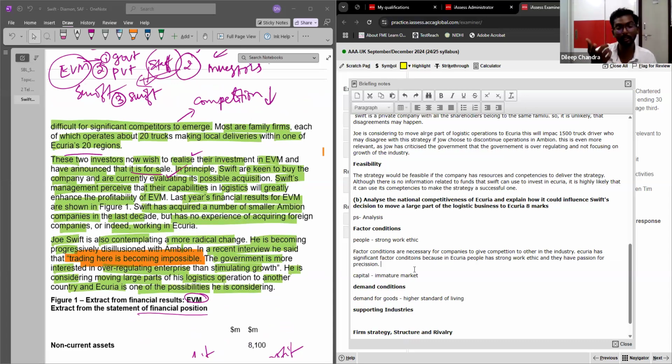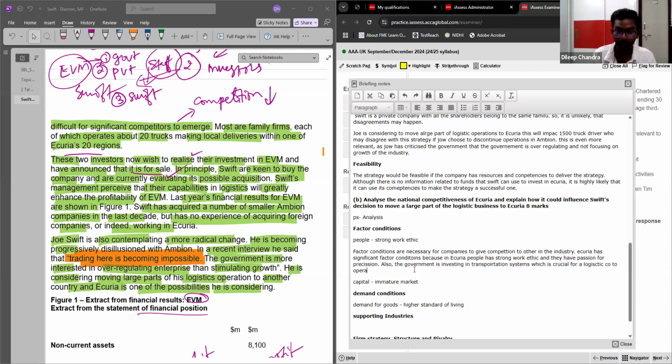Plus, at the same time, their government is also investing in transportation systems, which is critical, or you can say crucial, for a logistic company. Swift is a logistic company, right? For a logistic company to operate well. That is done.